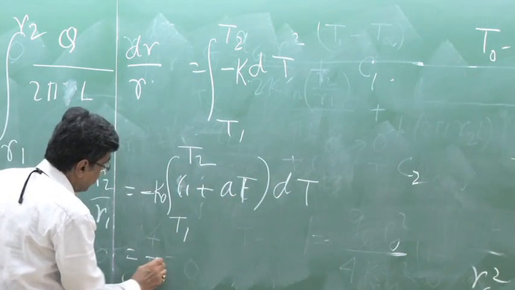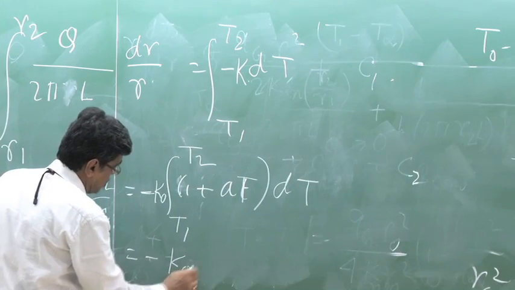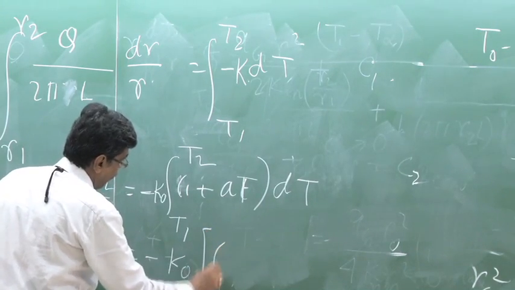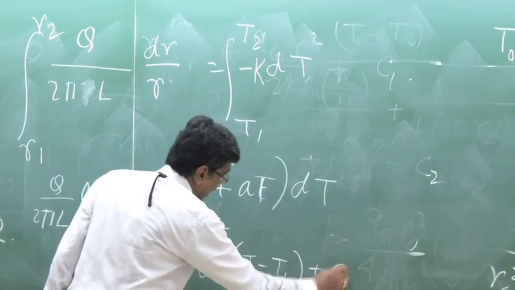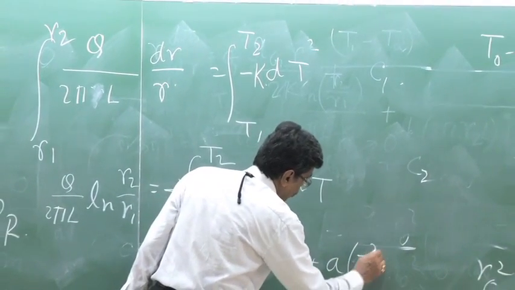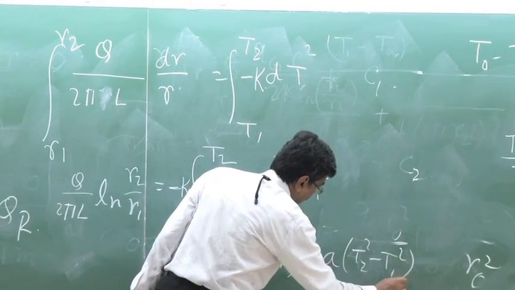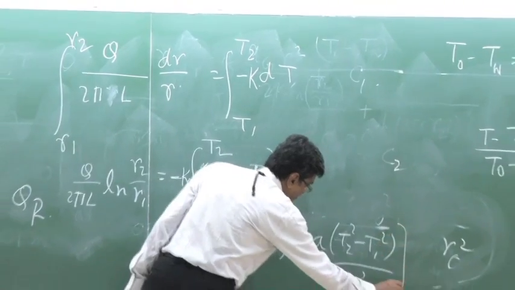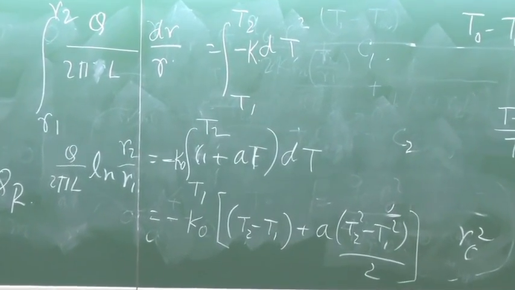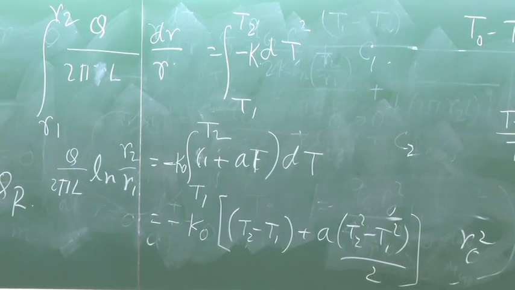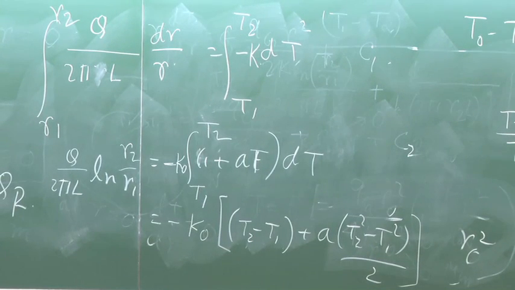So this is minus K0 into [(T2 minus T1) plus A (T2 squared minus T1 squared) by 2]. Okay? Is this all right?